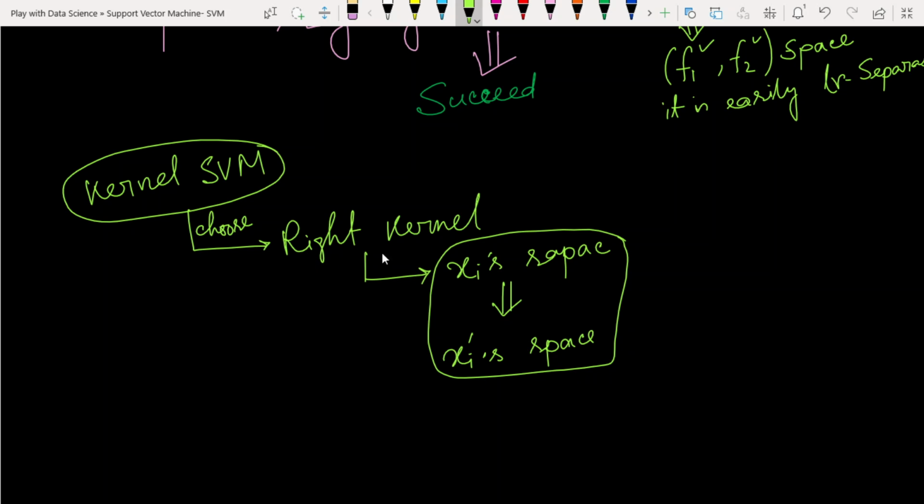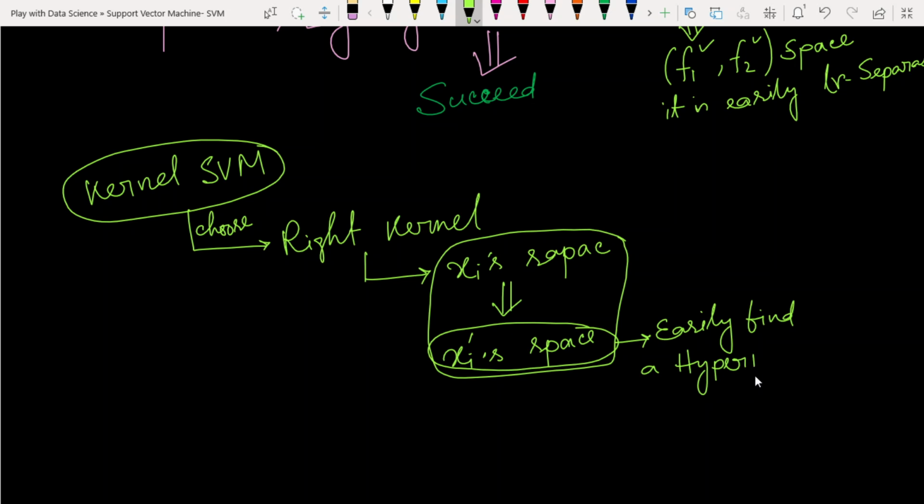By choosing the right kernel we convert this space to the x dash space, and in this space the data is separable and we can easily find a hyperplane.